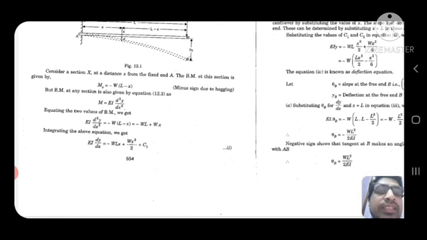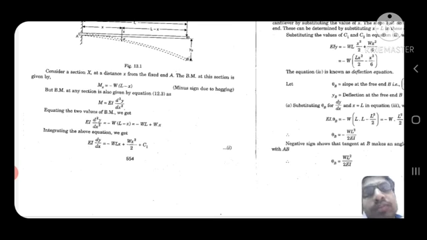The bending moment at the section is given by Mx equal to minus W into (L minus X). But bending moment at any section is also given by M equal to EI d square y by dx square.